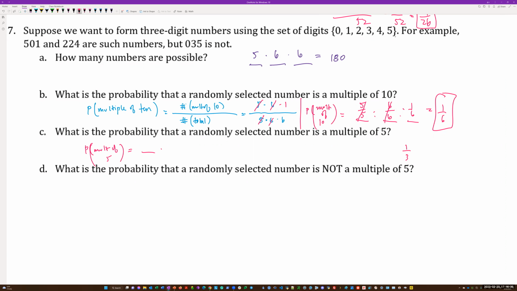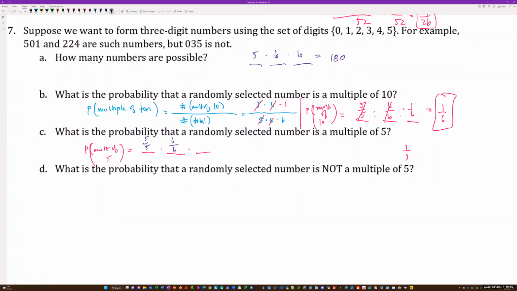Again, try and think about your slots here. What's the probability for the first slot? What has to be true for the first slot? 5 out of 5 choices. Is that right? What's the second one? 6, because we have 6 choices for this one.